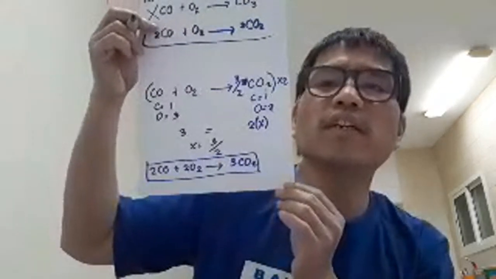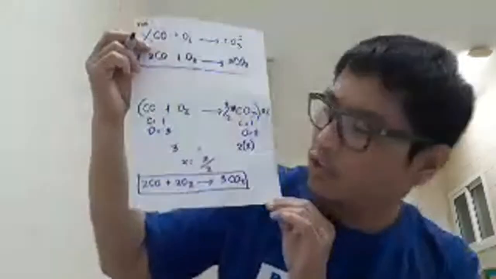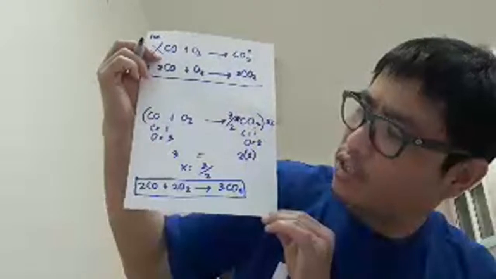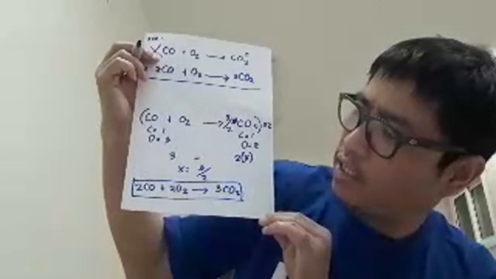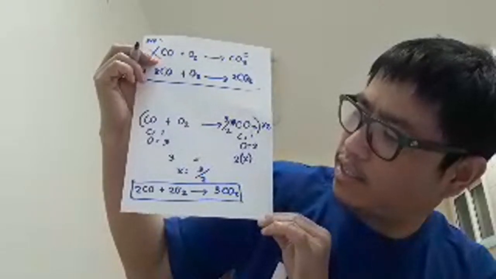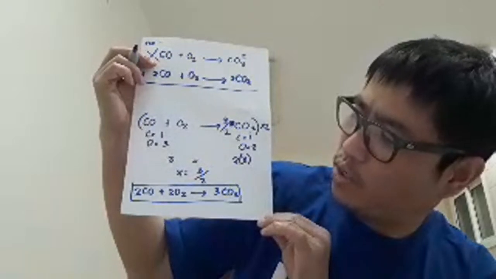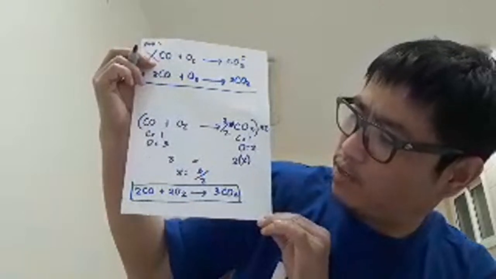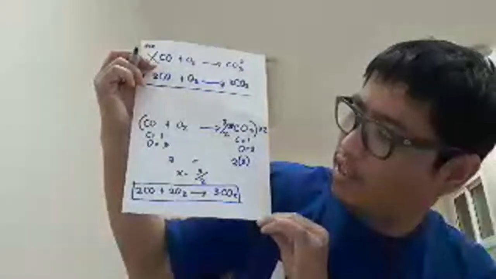So this is our chemical reaction. 2CO plus 2 oxygen gas, 3 CO2. Balance it. So oxygen is 4, oxygen is 6, right? And then carbon is 2, and carbon here is 3. So it is not balanced.